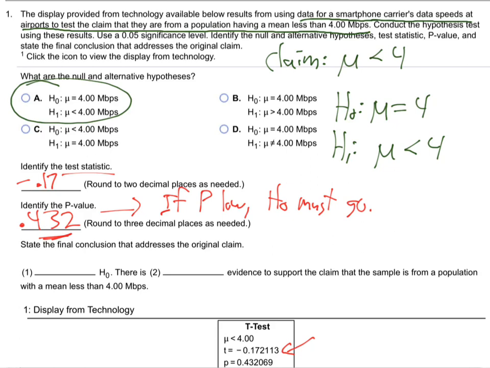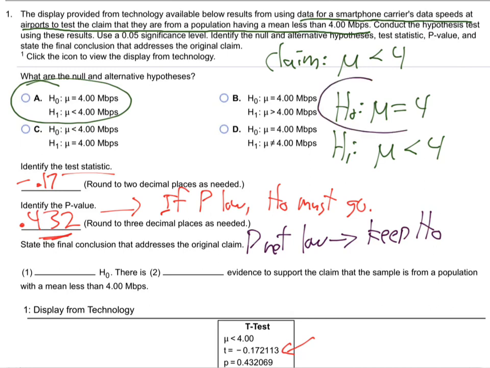So you failed to reject. So p is not low. So we keep H0. H0 doesn't go. We keep H0. Failed to reject. Yeah, right? So I'm keeping H0.